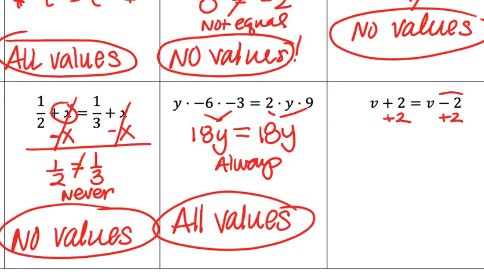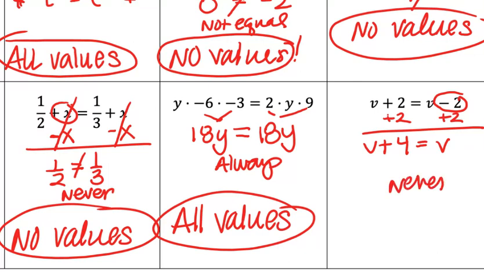I'm going to add 2 to both sides to eliminate this minus 2, and I get v plus 4 equals v. Adding 4 to v will never equal v. This is never going to happen. And if you want to go a step further, you could continue to solve this.